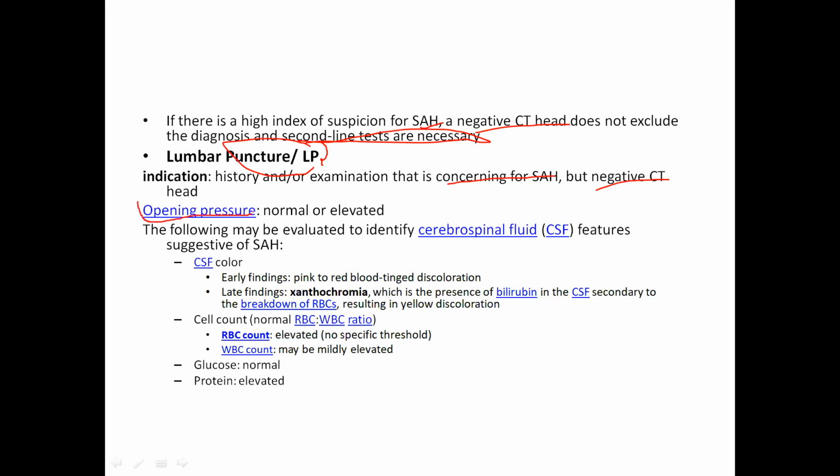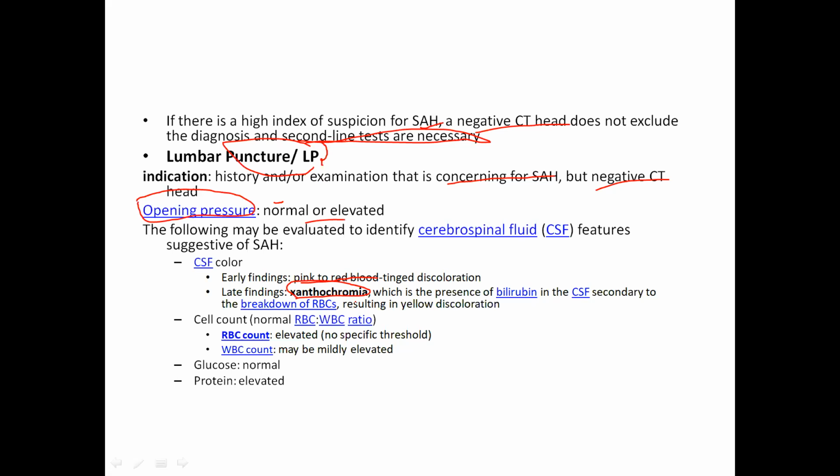So what do you see in LP? Opening pressure for subarachnoid hemorrhage may be normal or slightly elevated, and also CSF color. In early findings, it may be pink to red, and in late findings, especially 4 to 6 hours after subarachnoid hemorrhage, you may find xanthochromia.